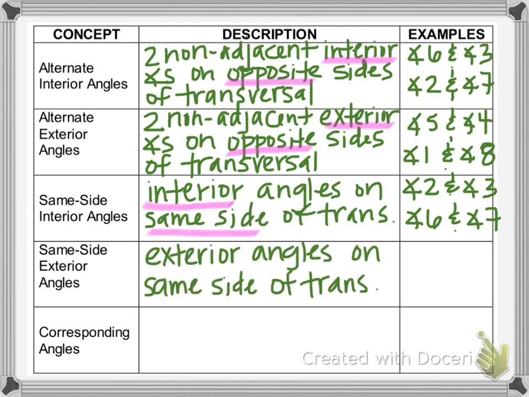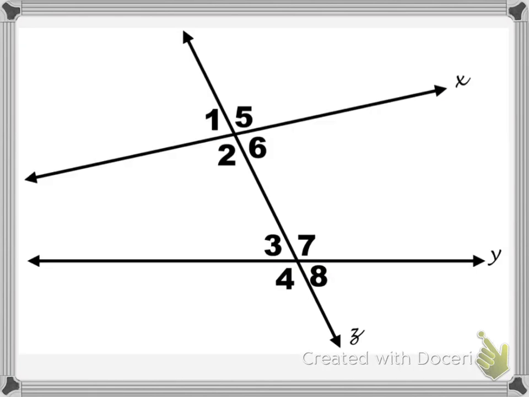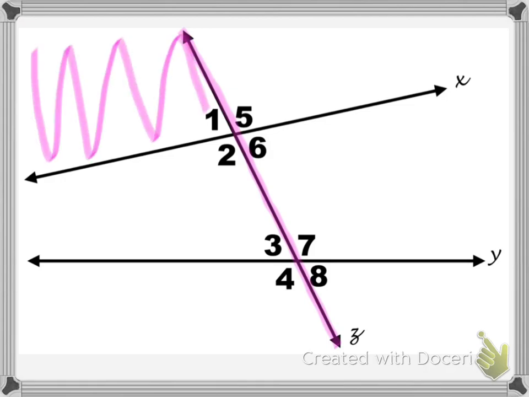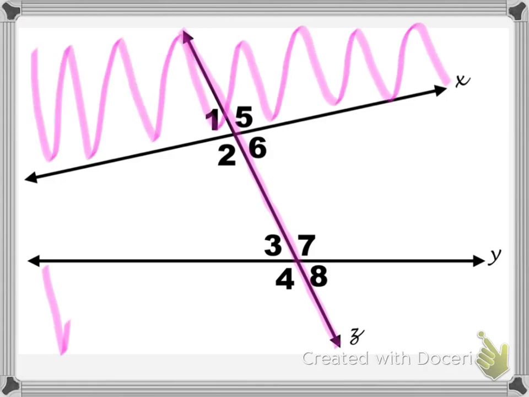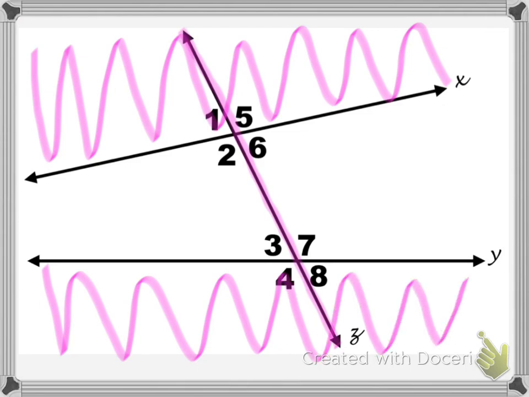Same side exterior angles are in the exterior region of the picture, and they are also on the same side of the transversal. So remember, we've got our transversal. The exterior is above and below. There are 2 exterior regions.